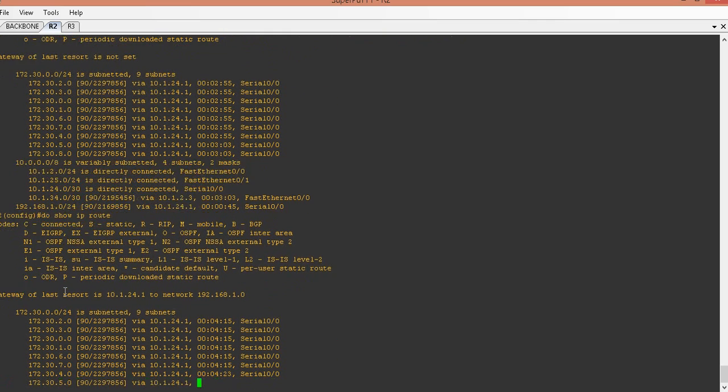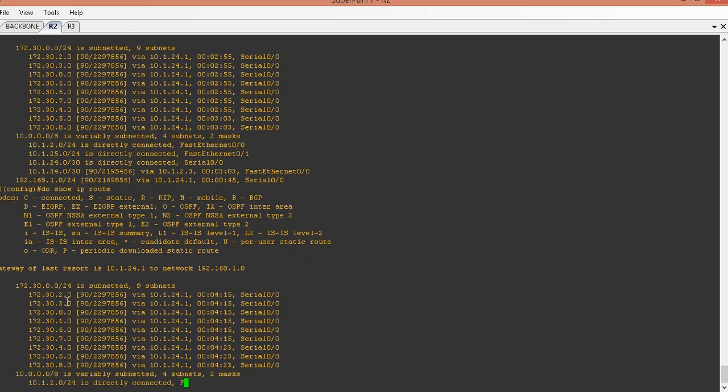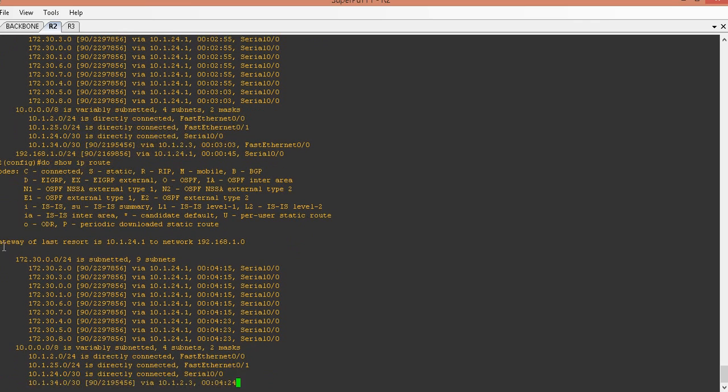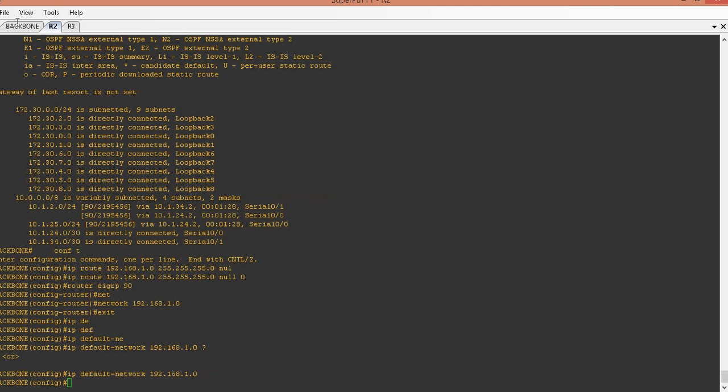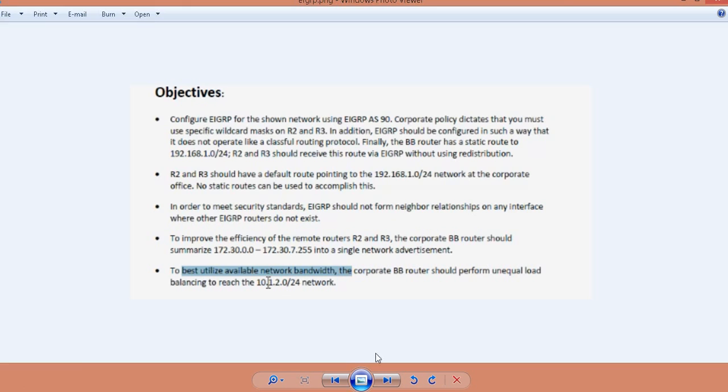It should be set as the candidate default here. You can see that the gateway of last resort is 10.1.24.1 to 192.168. So you see it here. That has been accomplished by using the global configuration command ip default-network. Okay, the second objective is accomplished.